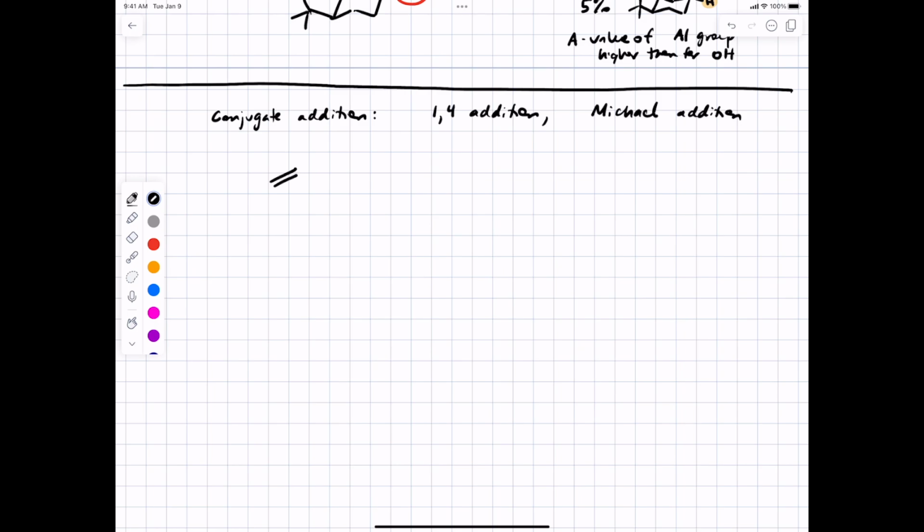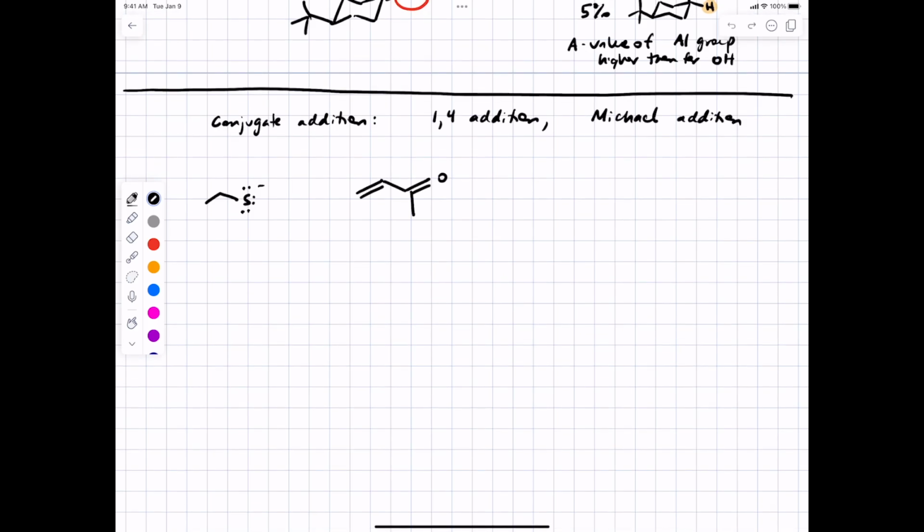All right, so an example of conjugate addition would be an alpha beta unsaturated carbonyl group. And that's your electrophile. Then you have a nucleophile, which can be any number of things. I'm choosing a thiolate on purpose. We'll have to say something about 1,4 versus 1,2 addition reactions.